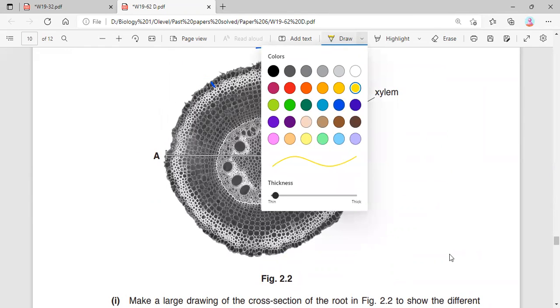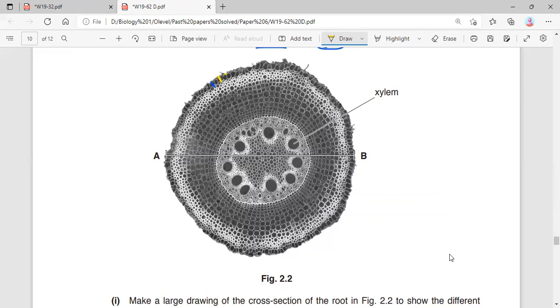Let me draw it in yellow so you can see. Thin layer, this one. And then there's a lighter layer, this one. And there's a dark layer and a circle in the middle with a star shape in the middle. These are the layers that I have.